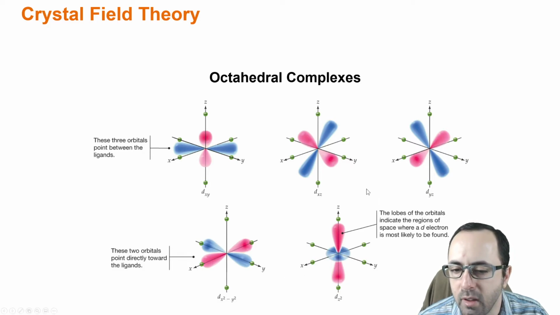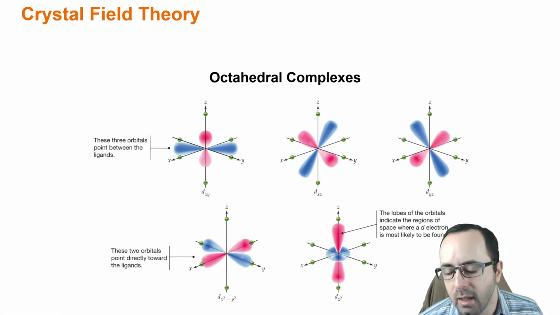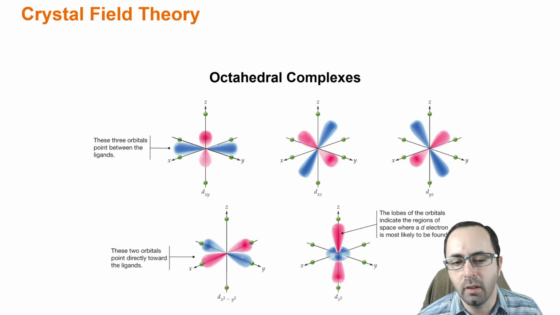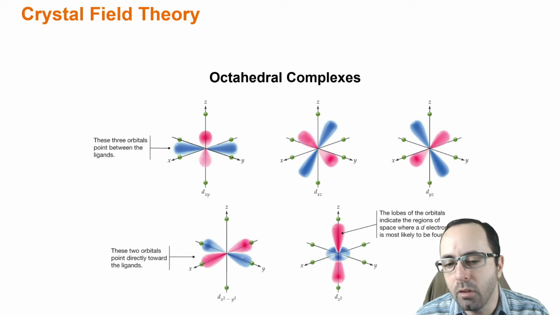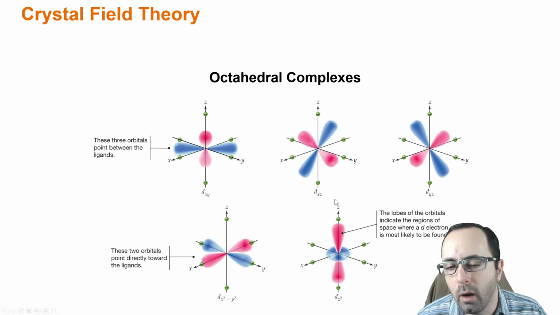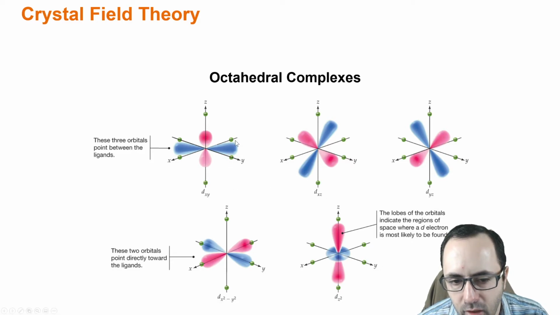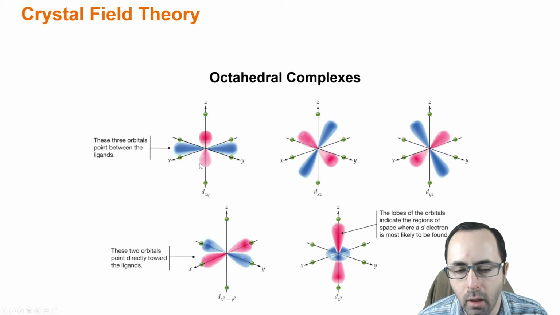These lobes indicate where the electrons are most likely to be found in the d orbitals in the transition metal atom. The green spheres represent the places where the ligands attach to the transition metal ion. They're attaching in the octahedral arrangement, one on each side, all 90 degrees from one another.